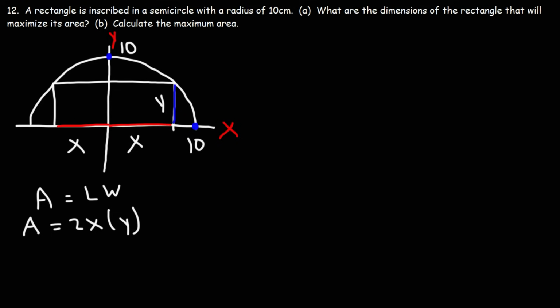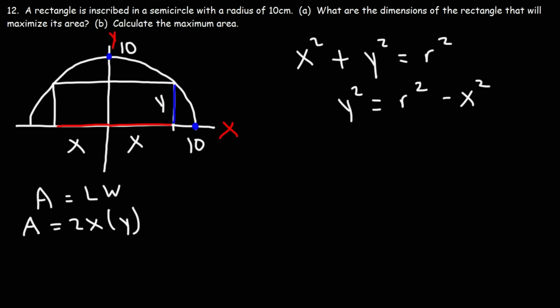Now what is y in terms of x? To answer that question, we need to know the equation of a circle. The equation of a circle is x squared plus y squared is equal to r squared. Solving for y squared, if we subtract both sides by x squared, we get that y squared is r squared minus x squared.